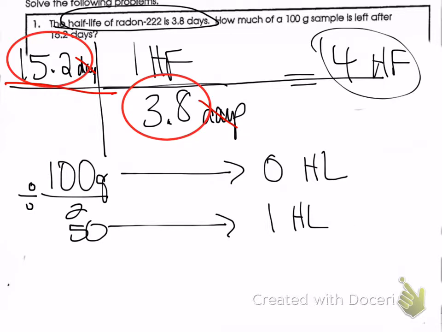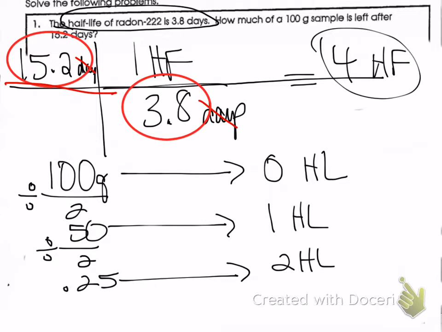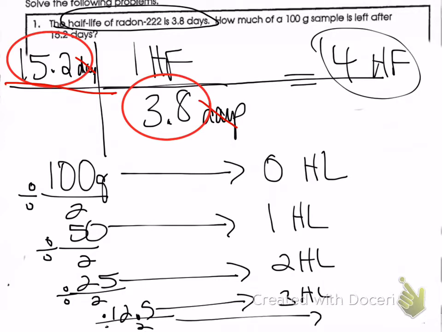Remember, we're trying to figure out 15.2 days, 4 half-lives, so we're going to have to do this a few more times. Divided by 2 again, we get 25. That is our second half-life. Divided by 2 again, that gives us 12.5. That is our third half-life. And then we're going to divide that one more time. I'm totally running out of room. And we end up with 6.25, and that is our fourth half-life.